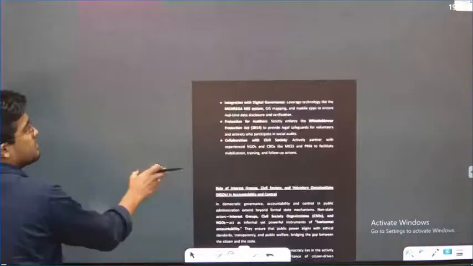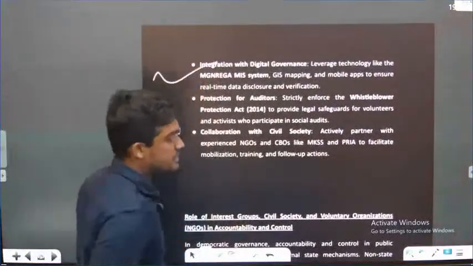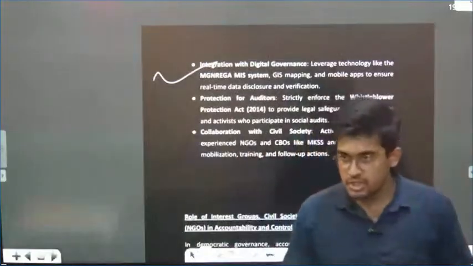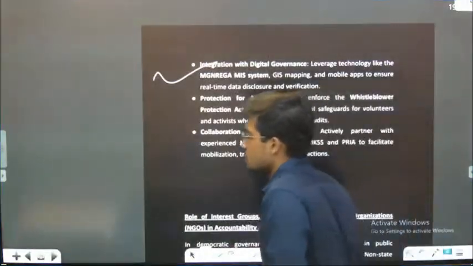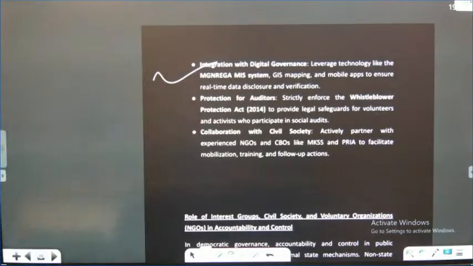How else can it be promoted? Integration with digital governance. For example, there is a digital dashboard where people can text, pointing out that these works are not being done, or they can directly call up, or there is a WhatsApp group with the administration saying this thing is not being done.